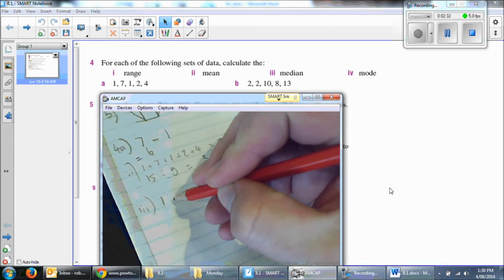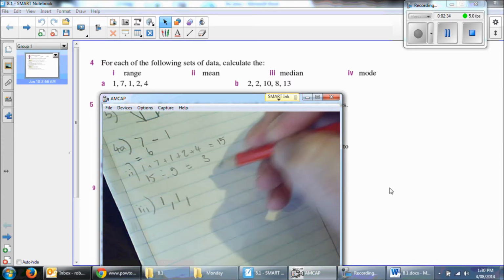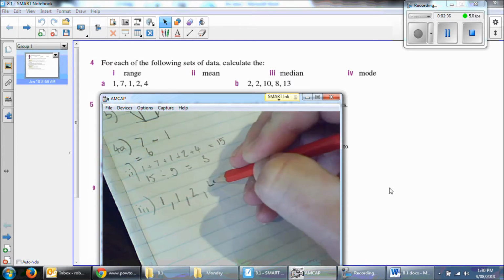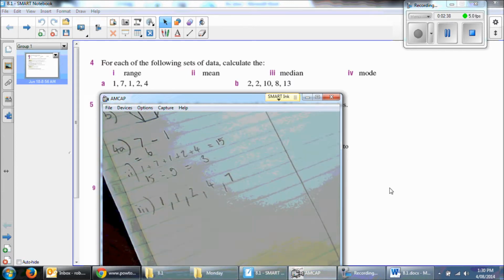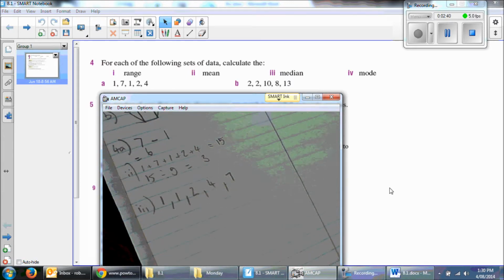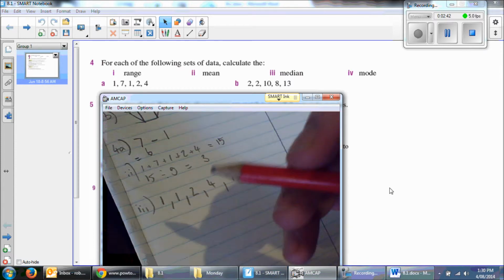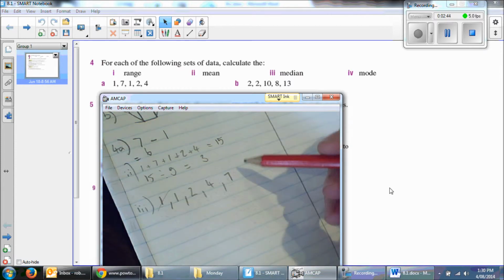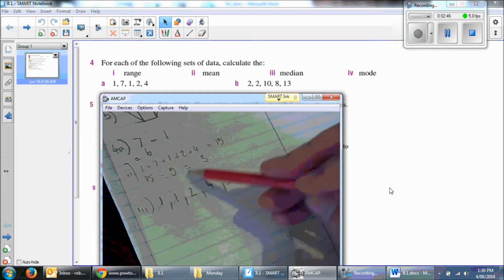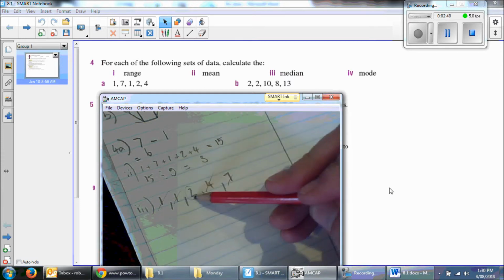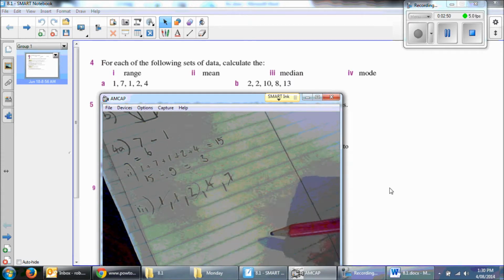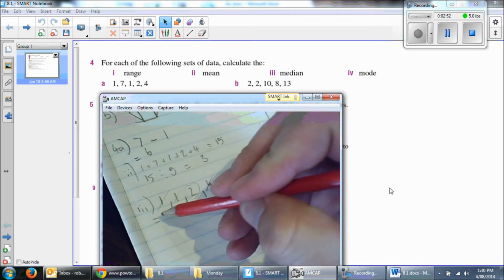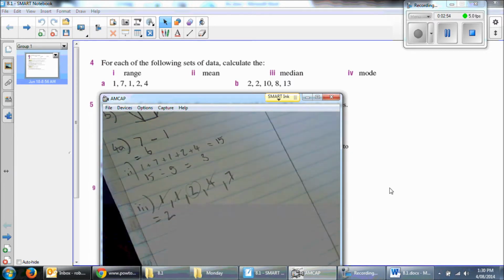So we have 1, 1, 2, 4, and 7. Then start at each end and cross one off, cross one off, cross one off, cross one off. This is our middle number, the one that's left in the middle. So in this case, the median equals 2.